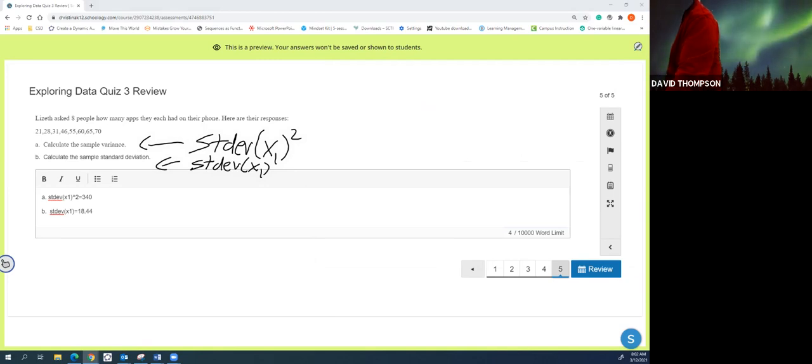Okay, we'll launch the poll one last time. Are there any questions on how I've calculated the sample standard deviation or sample variance?